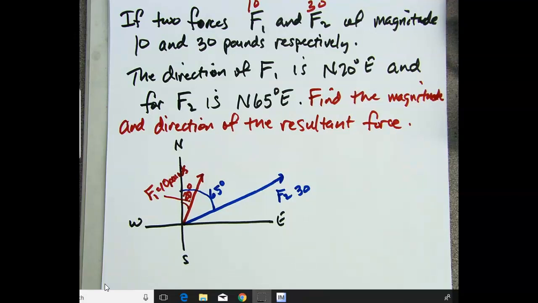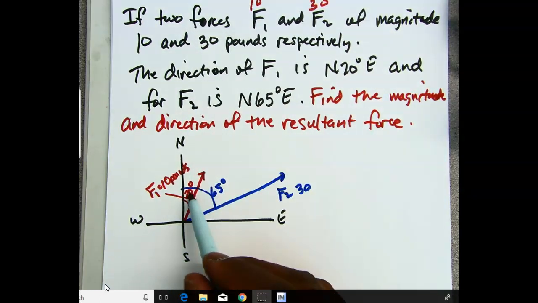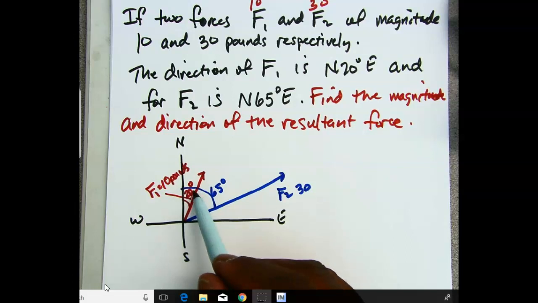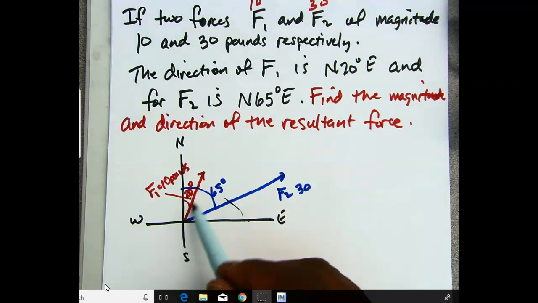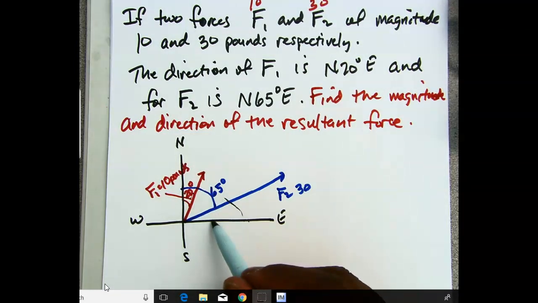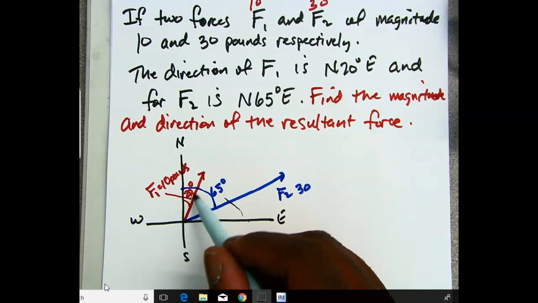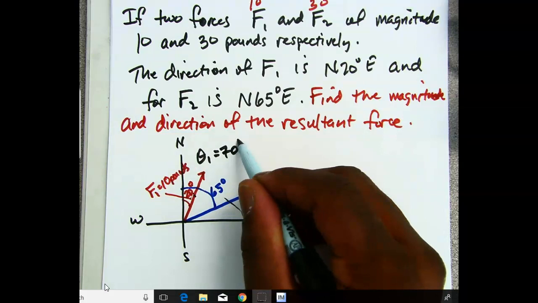So what we have to do: if this angle is 20 degrees off of the northern axis, what is it from the standard position? If I'm 20 degrees here, it's 70. So F1, theta 1, is going to be 70 degrees.